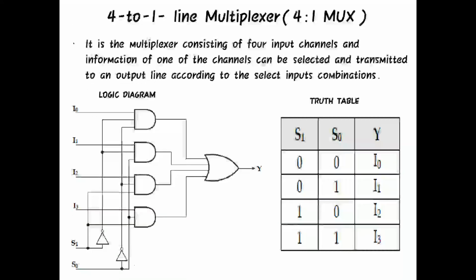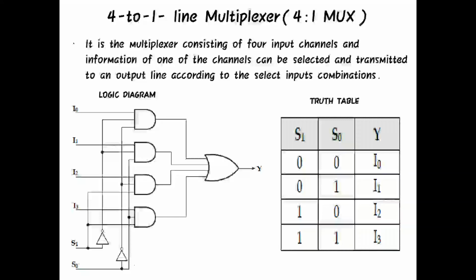Similarly to the 2 line, here we have a 4 line multiplexer. Means what here? We have 4 data inputs. If I have 4 combinations of data inputs, how many select inputs will we have? 2 select inputs. So 4 data inputs, 2 select inputs and 1 output, which is compulsory.